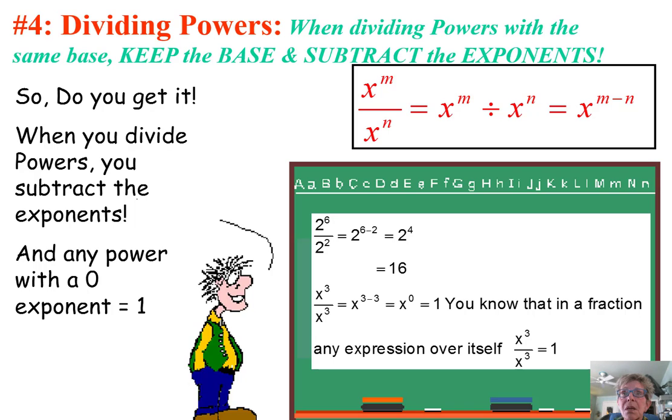Here's where my students always ask the question, but think about this. You know that if you have a fraction, anything over itself, x to the 3rd over x to the 3rd would equal 1, or 3 over 3 would equal 1. That's why x to the 0 equals 1. And that's your zero exponent rule.